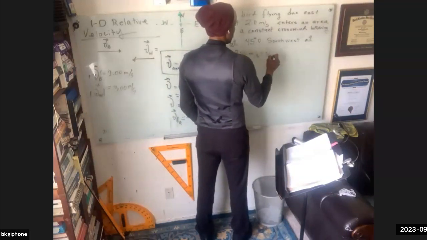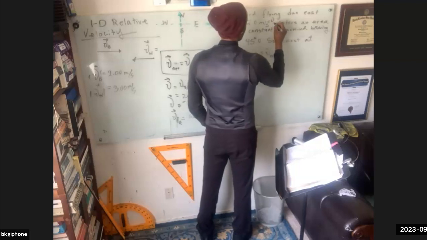So again, V wind is still 3 and VB is still 2.